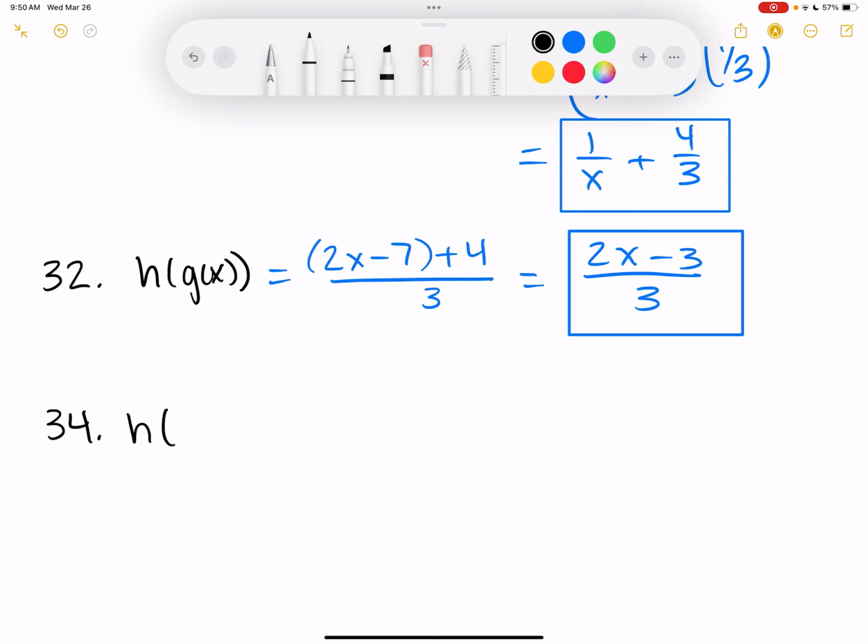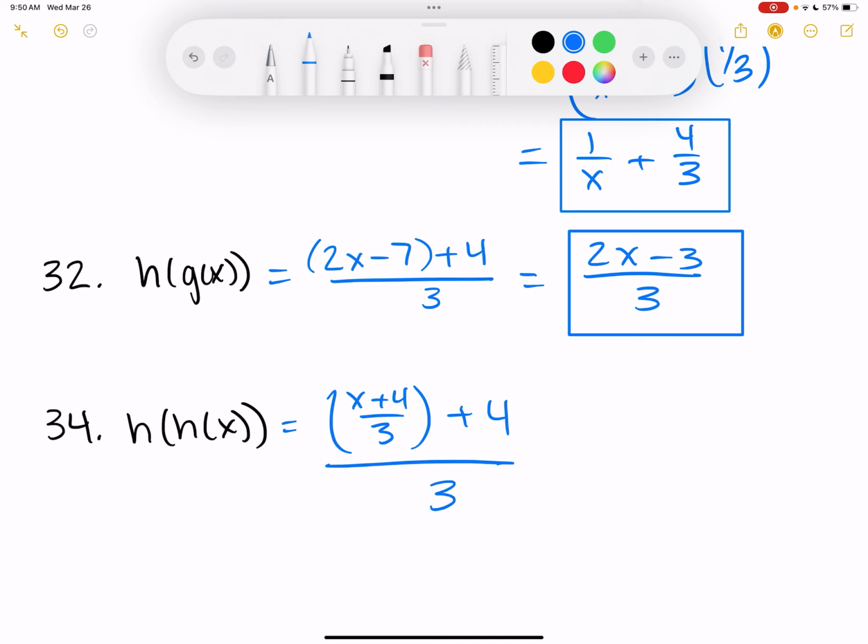Number 34, h of h of x. So I'm going to have a fraction and a fraction. So I've got x plus 4 over 3 plus 4 over 3. I'm going to get a common denominator on the top.